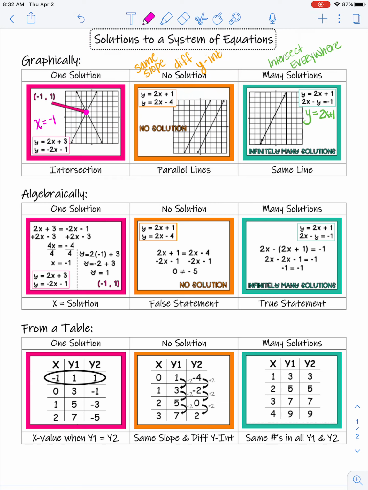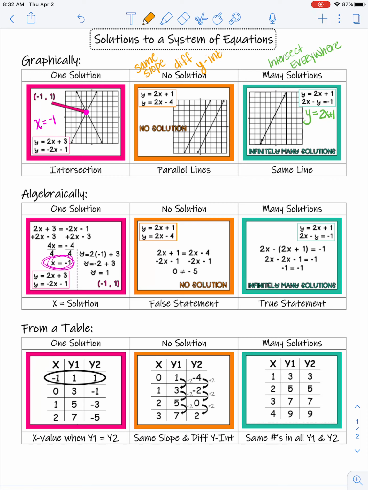Algebraically, we just did 3 examples algebraically, but you can see again, as you look through here, you get x equals -1, and that's our solution. Number 2, you can see again, we have 2x plus 1 equals 2x minus 4.